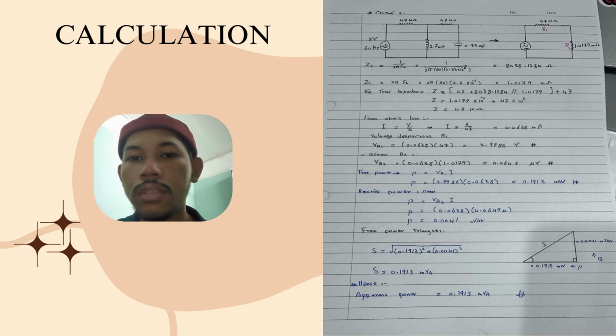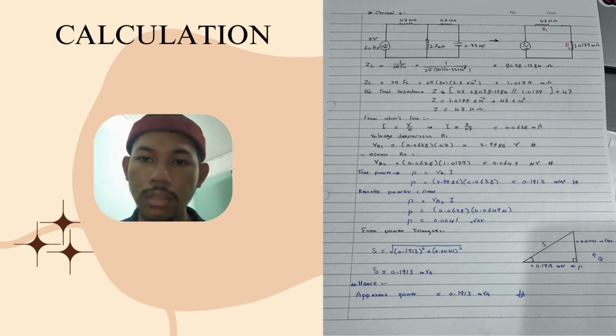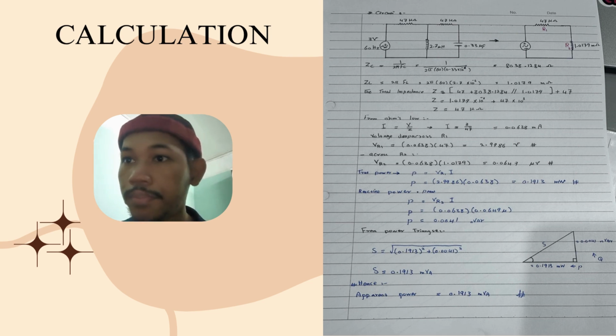Substituting frequency 60 Hz and capacitor value 0.33 times 10 power of negative 6 farads, we get 1 over 2 pi times 60 times 0.33 times 10 power of negative 6 equals 8038.1284 ohms.